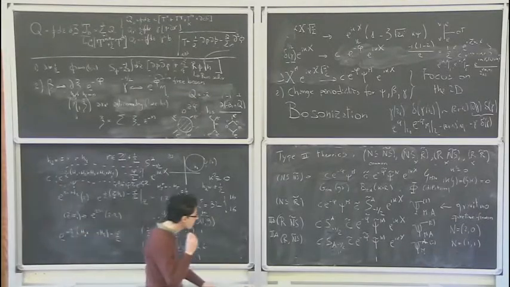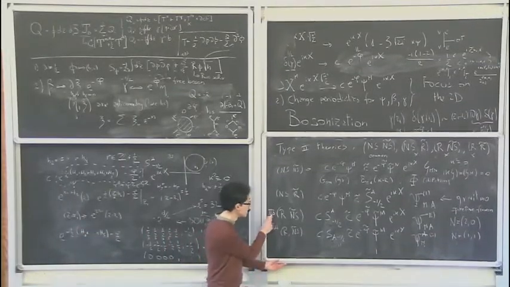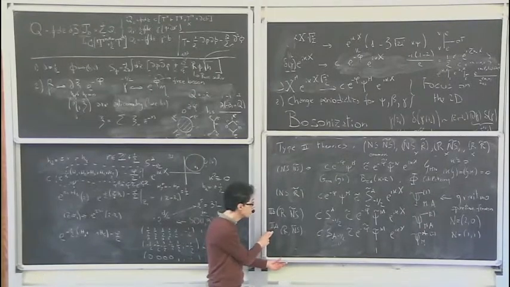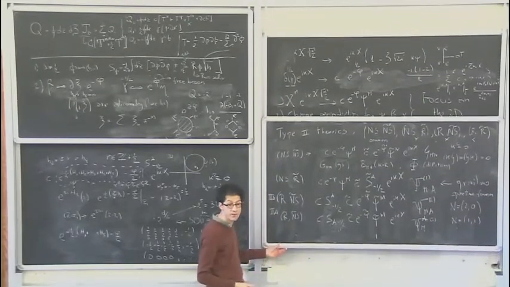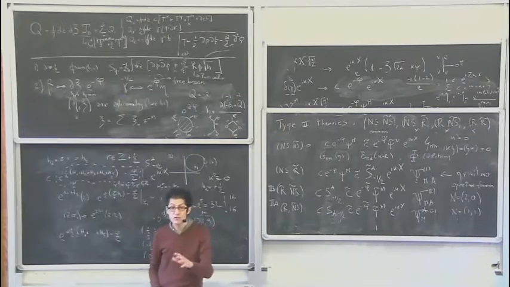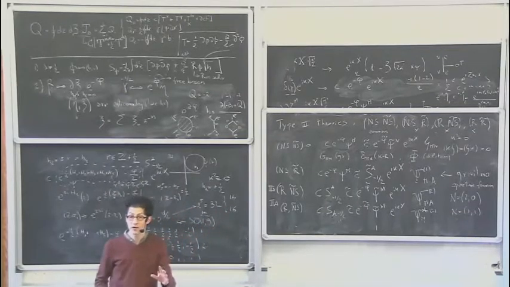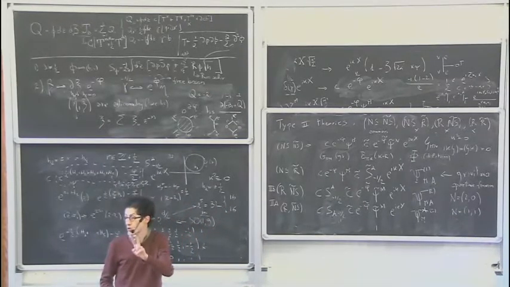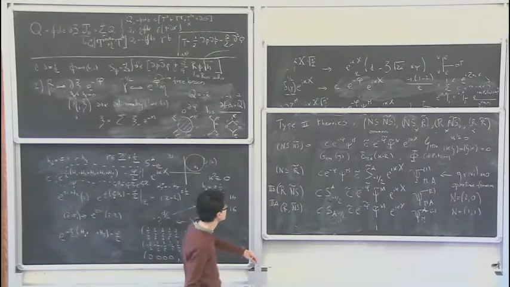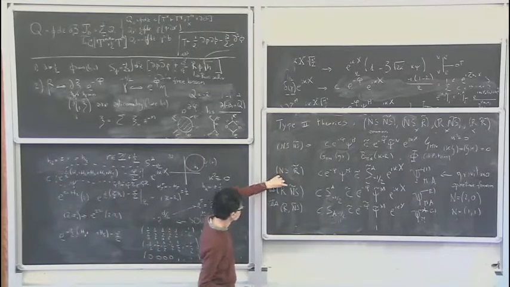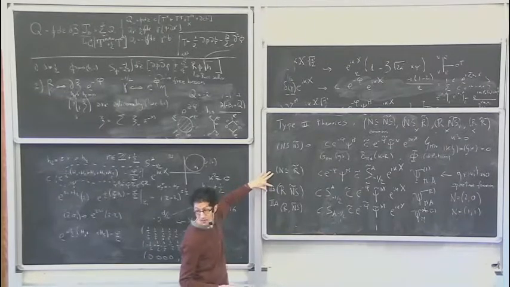So the freedom of choosing type 2B or type 2A is related to the freedom of changing the GSO projection in the Ramond sector. And you just have 2 choices. Either you make the same choice for this one and this one, and then you have type 2B.